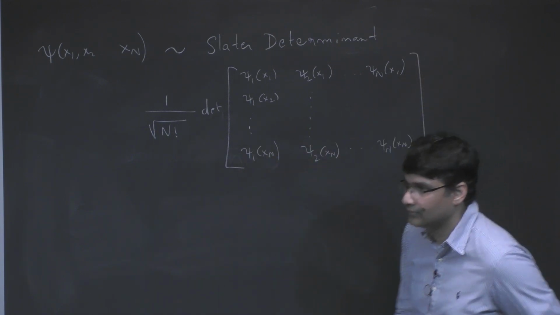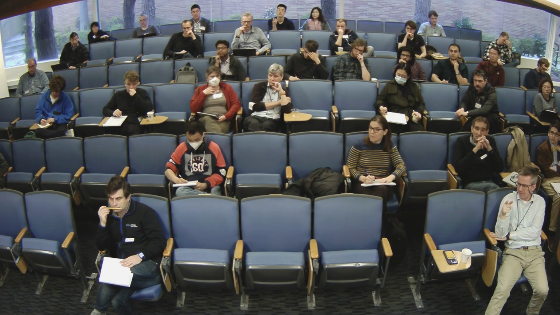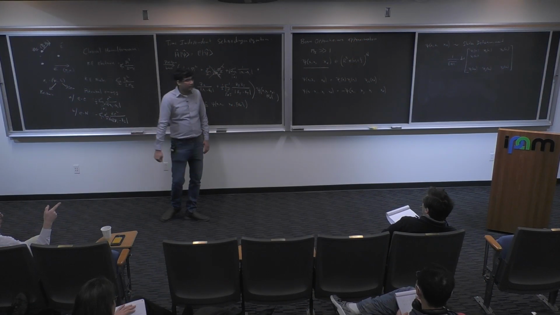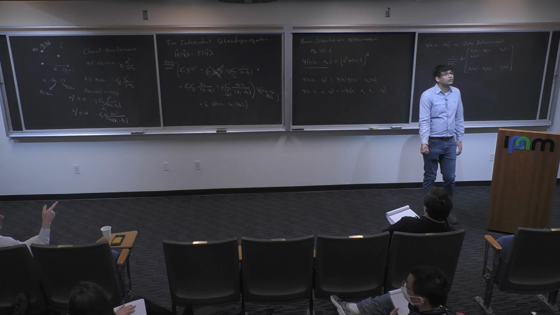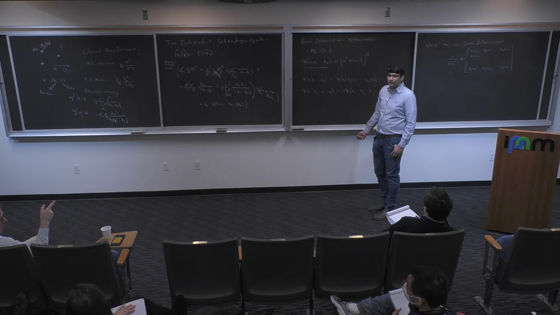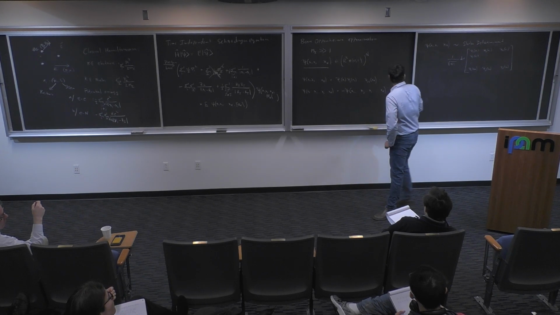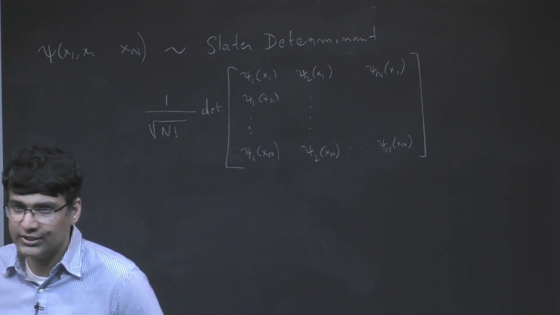Can I ask a quick question? Yes. I thought that's only true when I exchange the positions of electrons that have the same spin. Yes, we should actually write it as R's here, and you would have to write that out as two separate terms, one for the up-spin electrons and one for the down-spin. No, I think even the spin exchange should pick up a sign, because this is in terms of both the position and the spin.